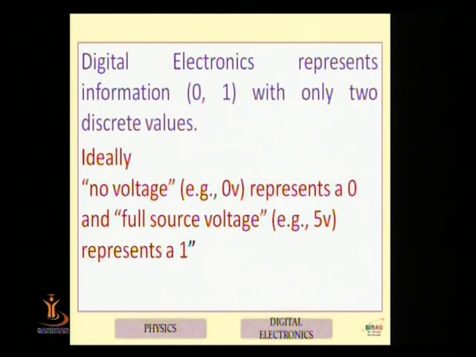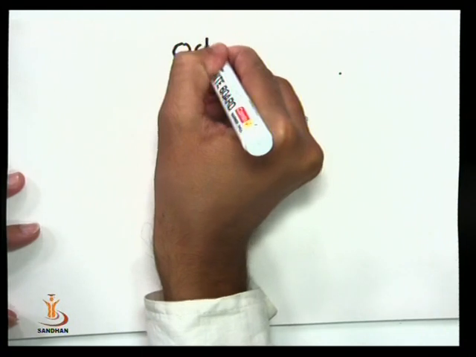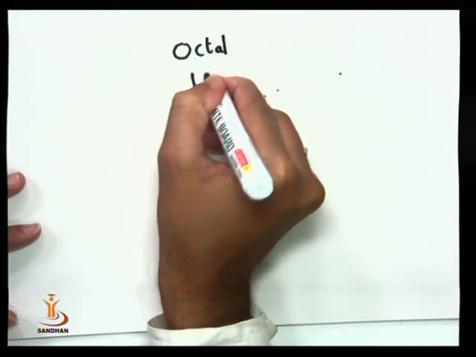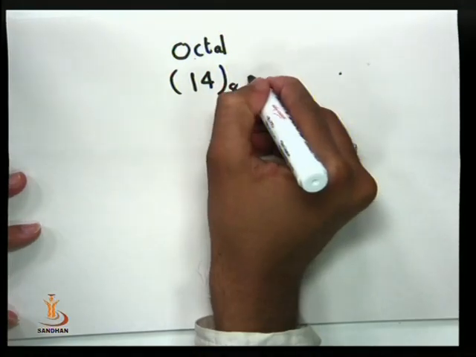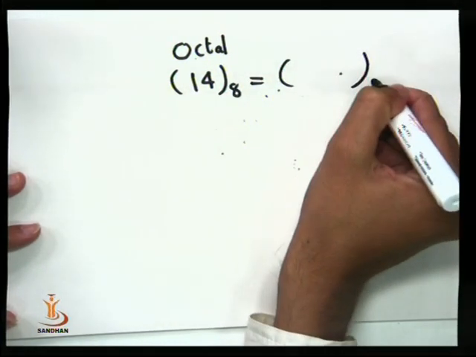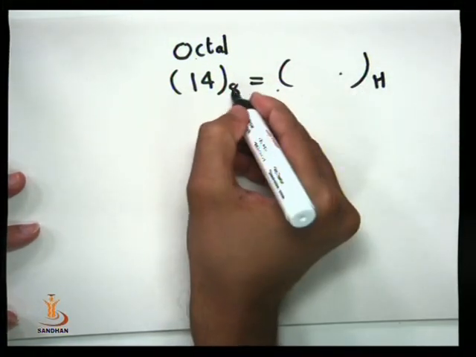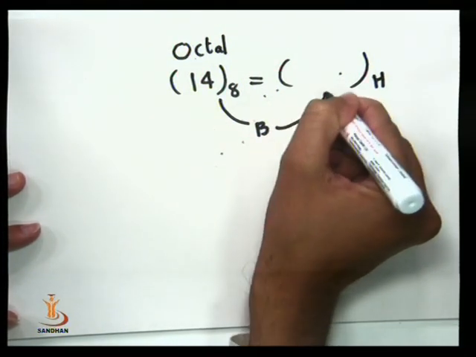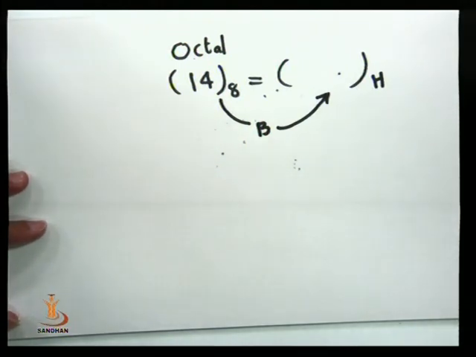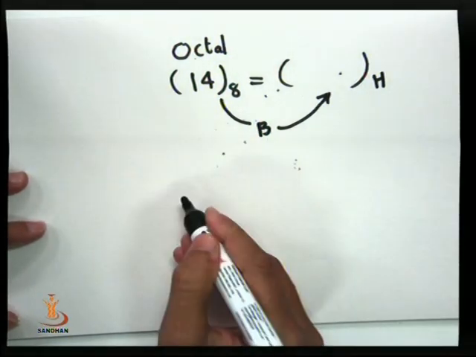Now comes the last conversion related to the decimal number system. Same example, number 14 in decimal. Our objective is to convert into hex. Again, simplest steps: you convert first into binary and then you move to hexadecimal, because we know how to convert binary into hexadecimal.